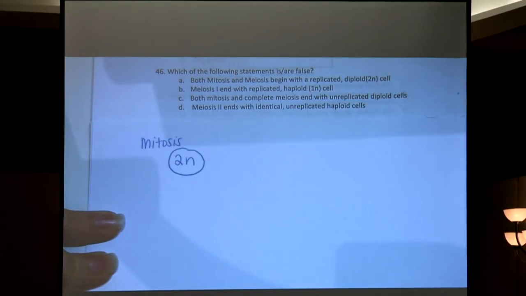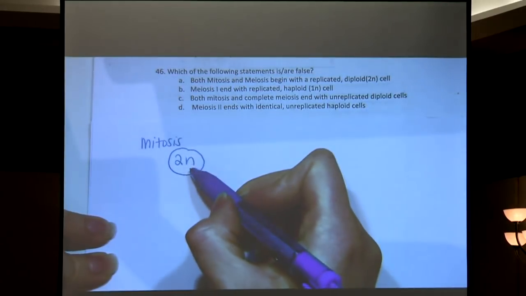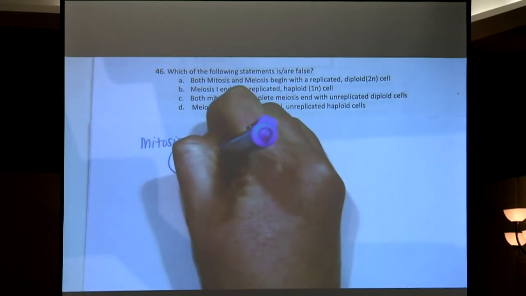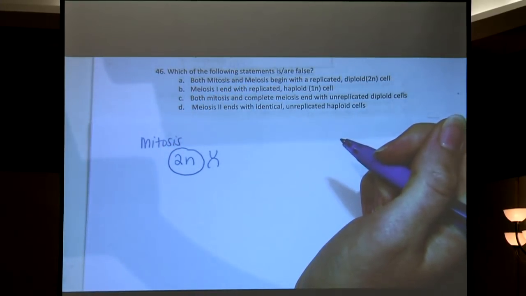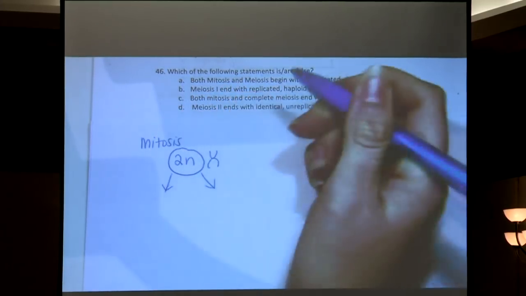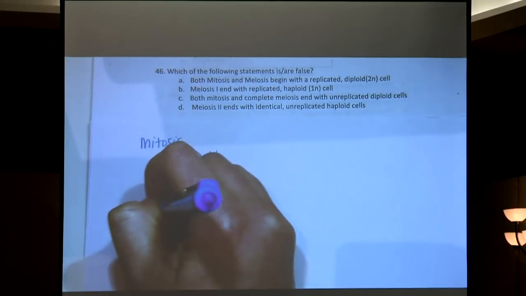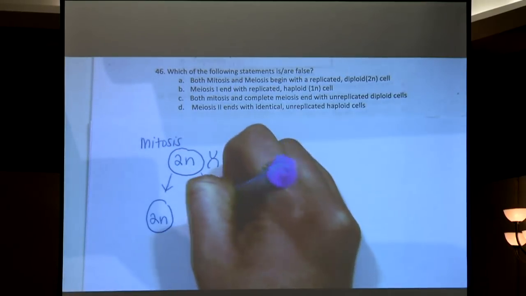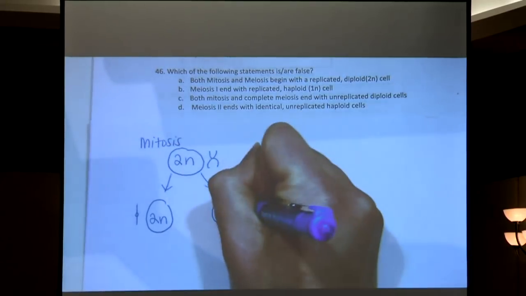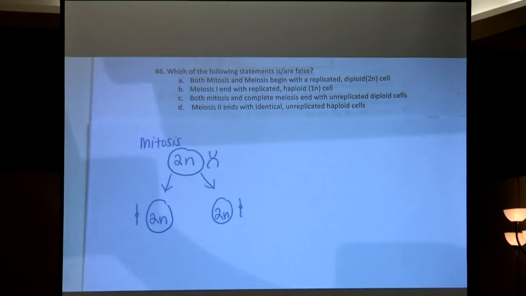So think mitosis and meiosis, this is what occurs after interphase, okay? So this is the cell we have after interphase, and these chromosomes are going to be replicated, all right? And we're going to form two 2N cells, all right? The difference is that after mitosis, they will be unreplicated, all right?